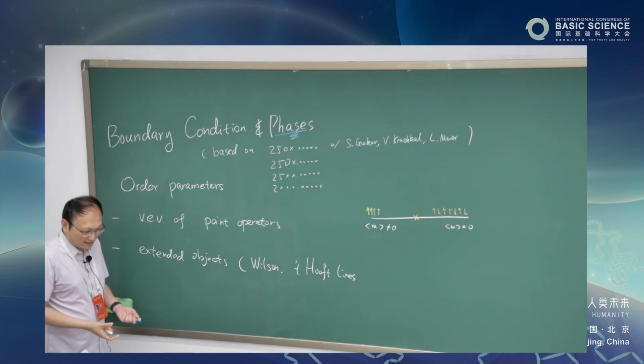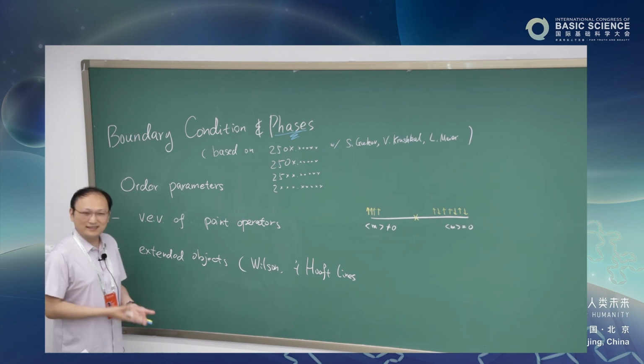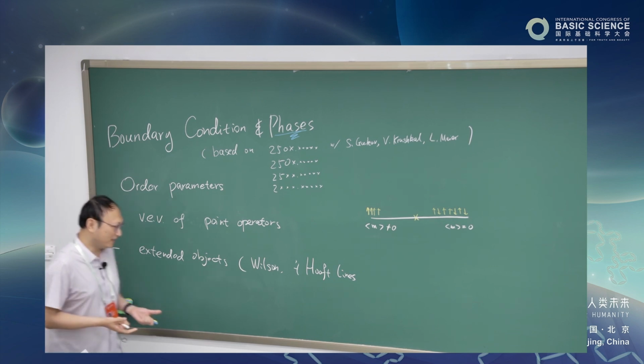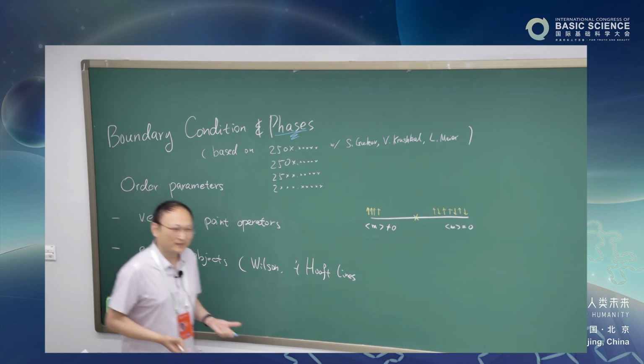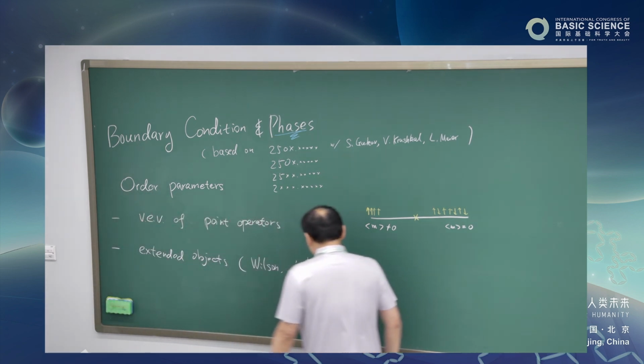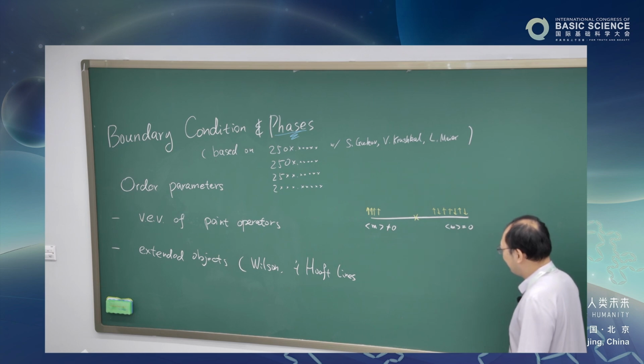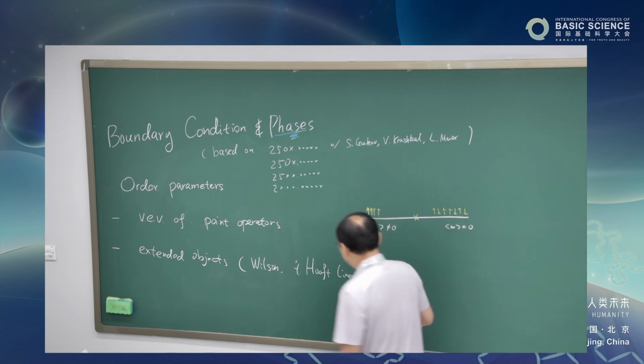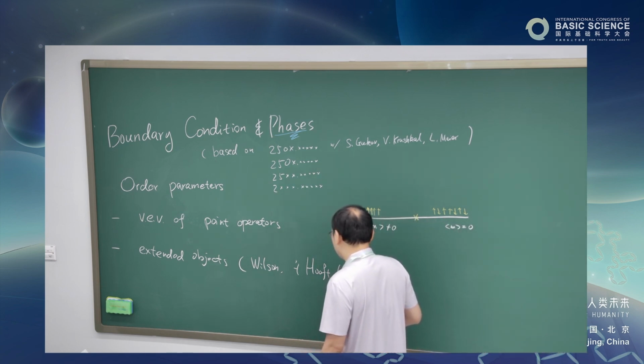And the area law of these kinds of line operators can detect phases of gauge theory. So that's something many of you have learned in either undergrad or graduate courses on quantum field theory.